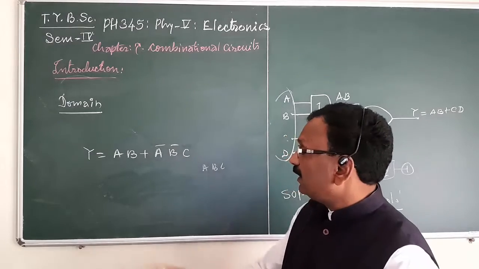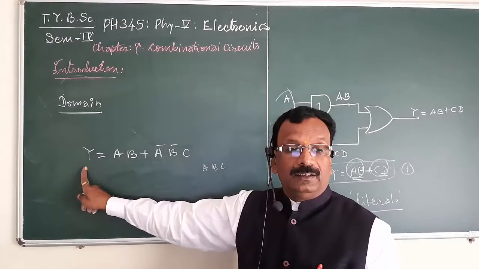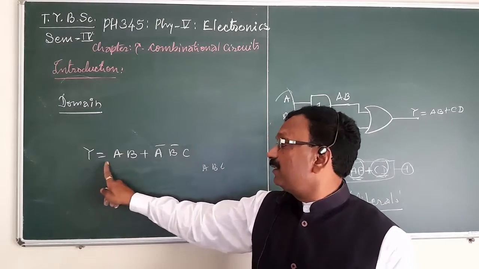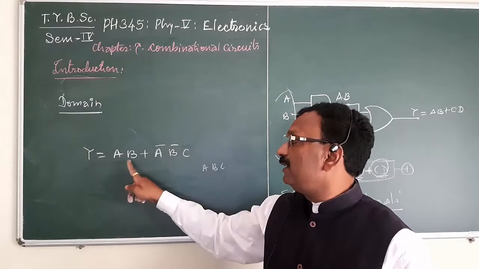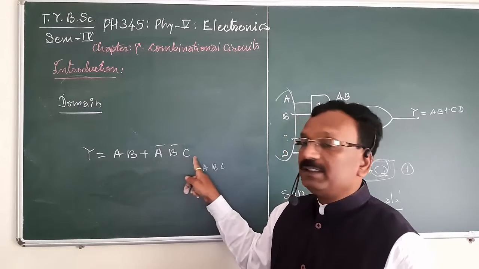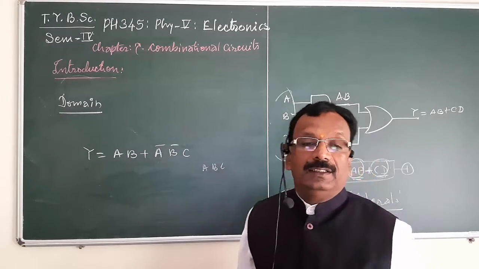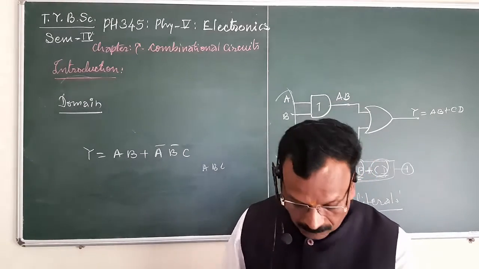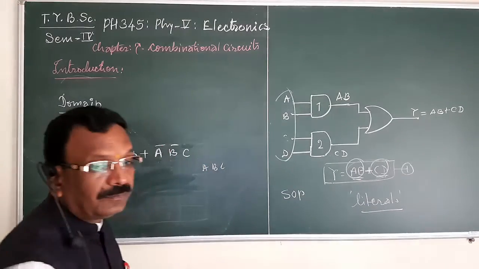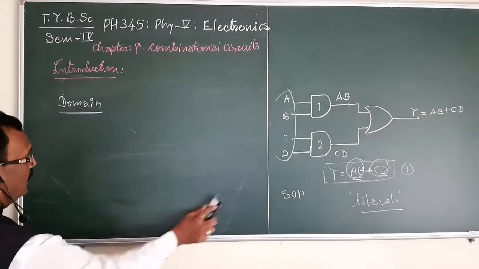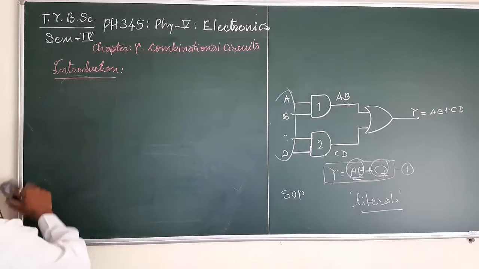Okay. So this is the expression here. The domain of this expression y is equal to ab plus a bar b bar c is a, b, c. Okay. Now we are going to see the first technique, SOP.